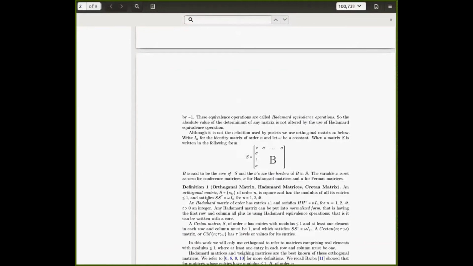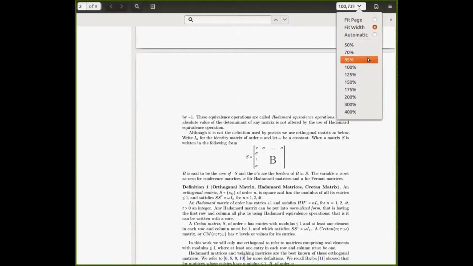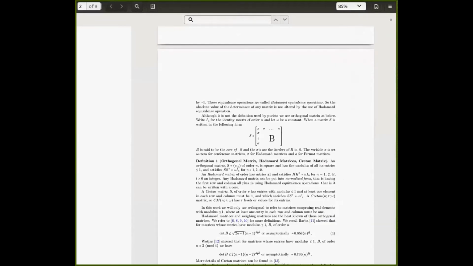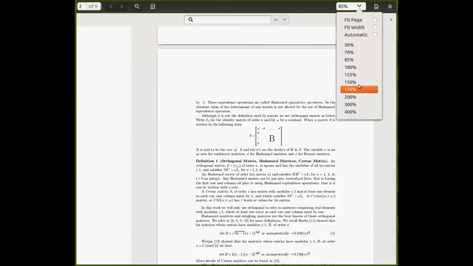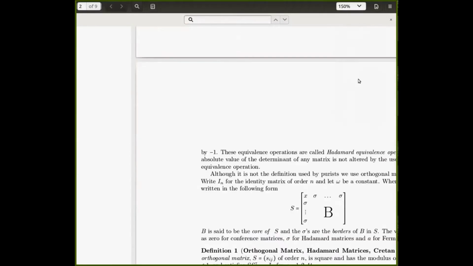The thing we have to remember is that we want the determinant to be maximal. And what we're going to do is say we want this matrix to have a border, those sigma elements there, border on both sides.